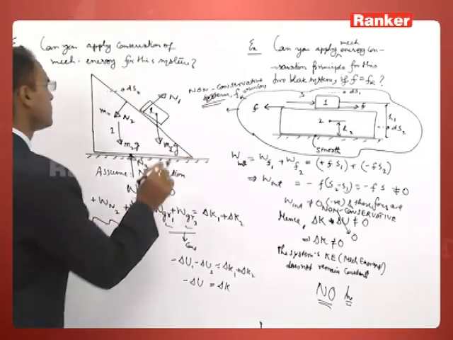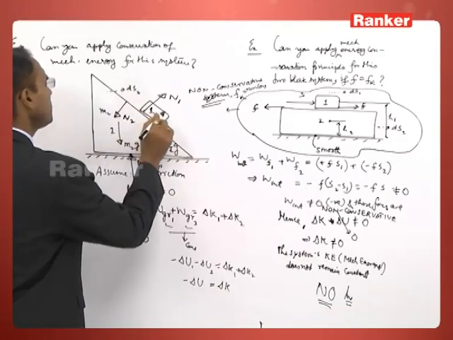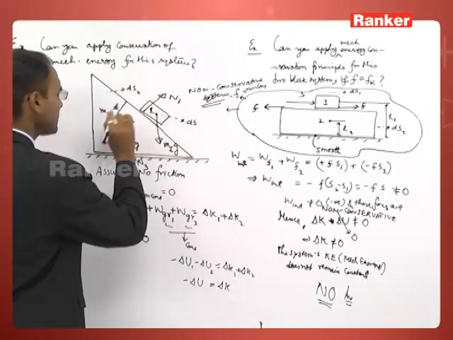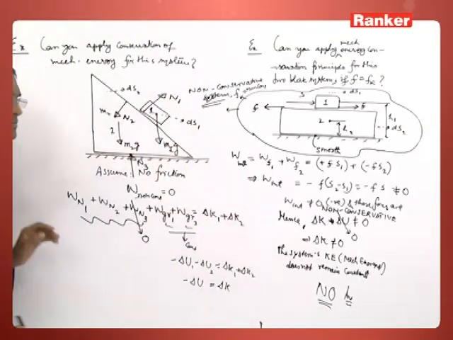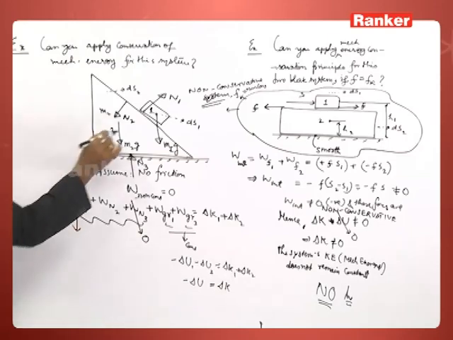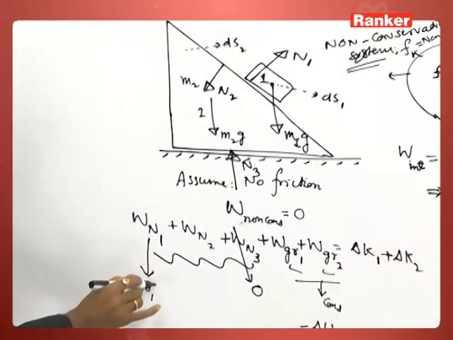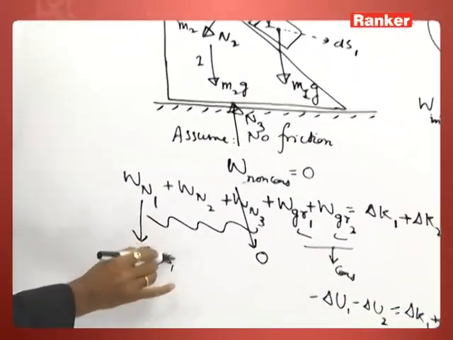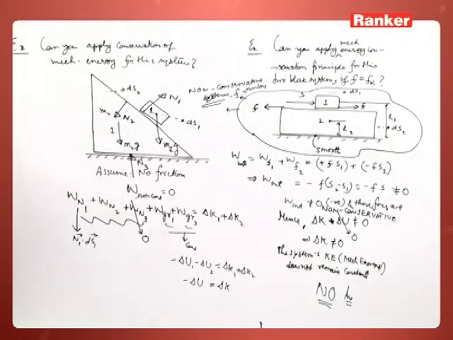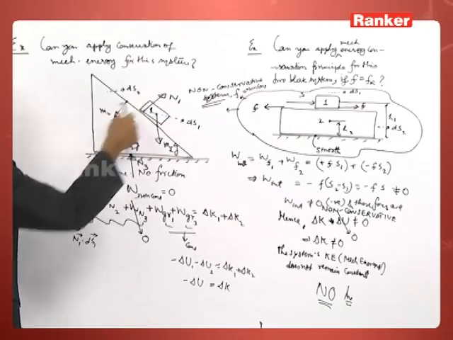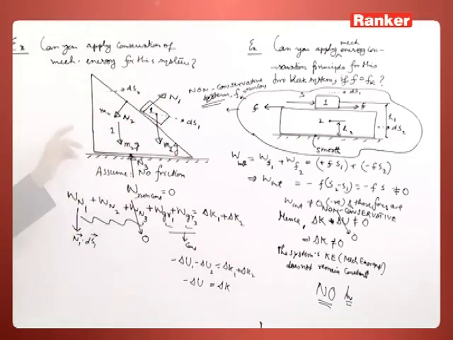Let us assume that block 1 has displacement ds1. Therefore, work done by the normal reaction N1 on block 1 can be written as N1 dot ds1. The normal reaction of the action-reaction pair, N2, acts on the wedge.